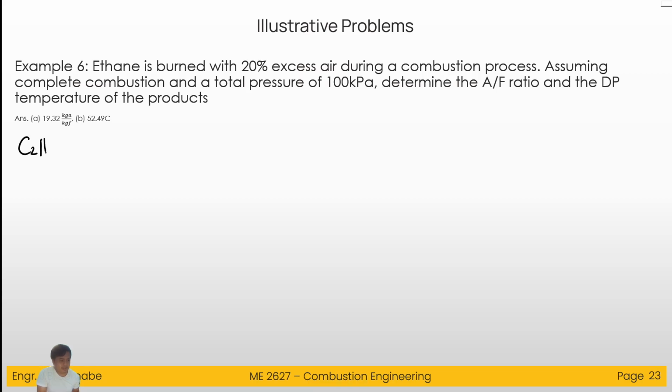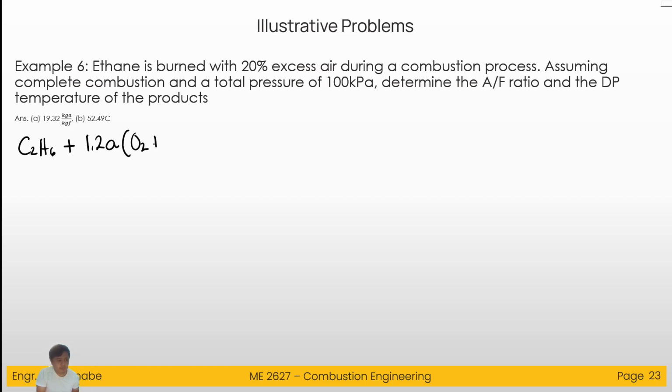So you have C2H6 as ethane. And then you have excess air, so 1.2 times the air, no? So A here is the theoretical number of moles, or the stoichiometric amount, no?